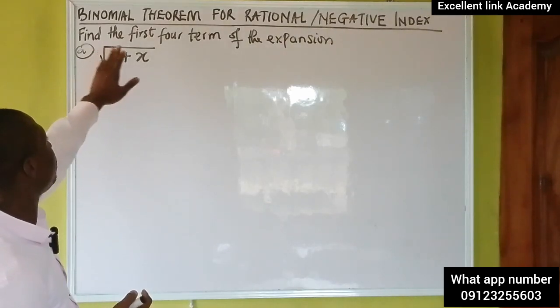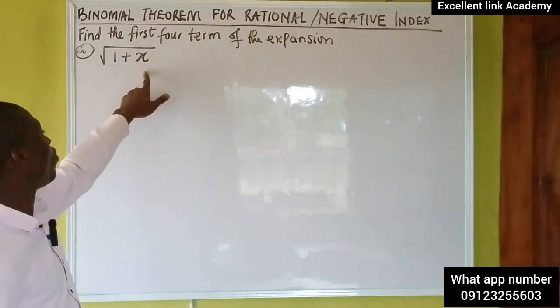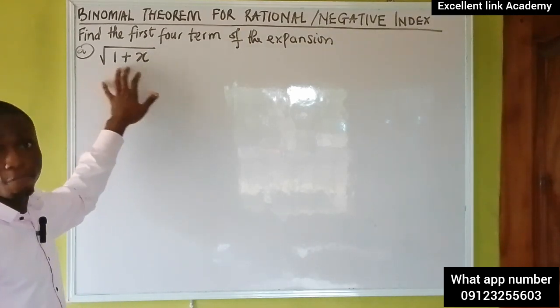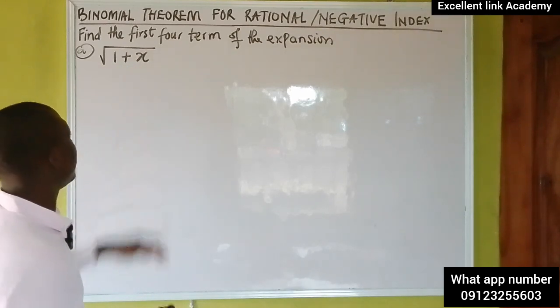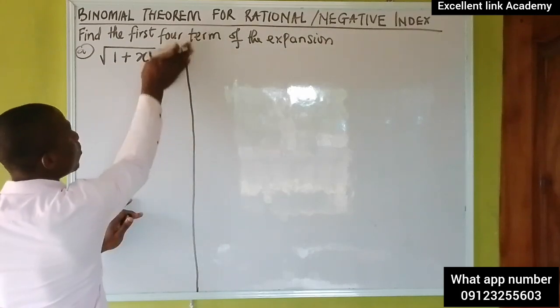They said find the first 4 terms of the expansion of this. So I know I need to express this in form of indices. So by solution, I'll have this.